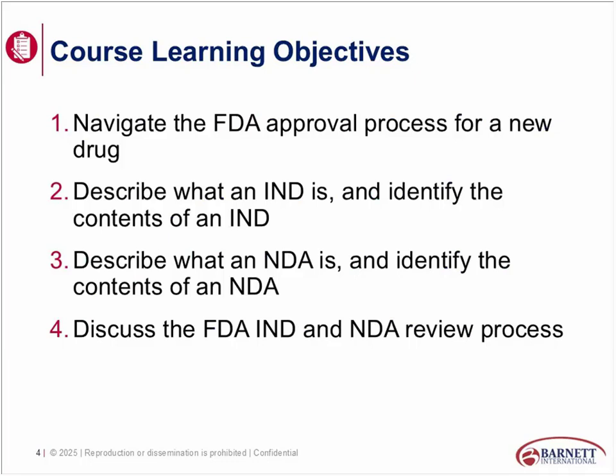Describe what an NDA is, a new drug application. So that's once all the studies have been done, the sponsor is comfortable with the data that has been retrieved. They create this big, huge report, submitted to the FDA, which then goes through that process. And then I'll discuss throughout the FDA IND and the NDA review process what happens at the FDA.